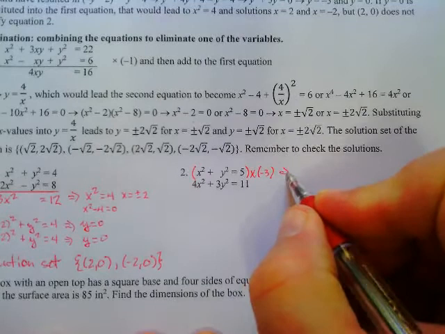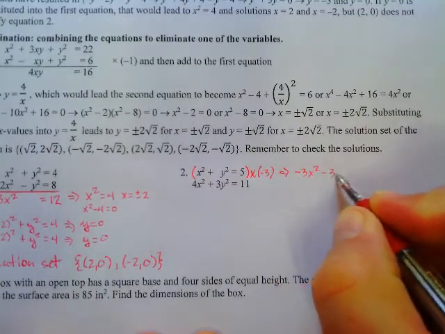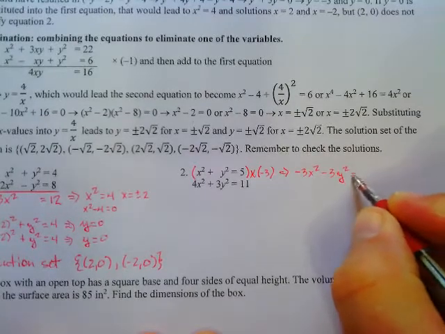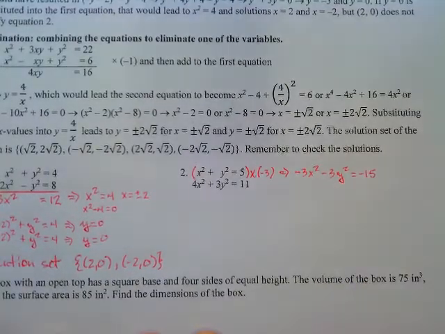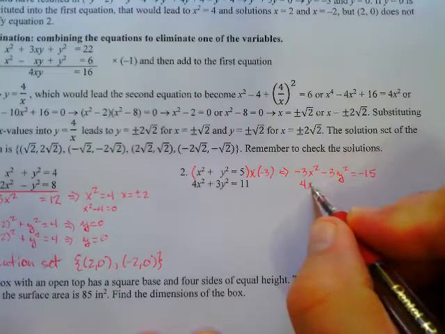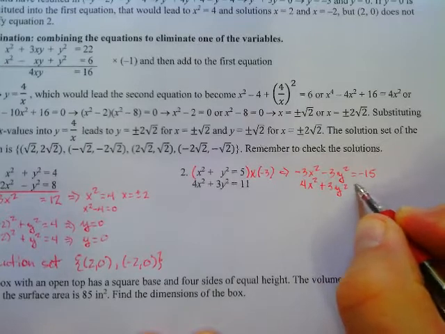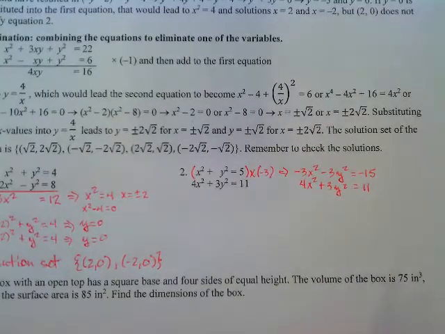So that will give me negative 3x squared minus 3y squared equals negative 15. And then the other equation, 4x squared plus 3y squared equals 11.